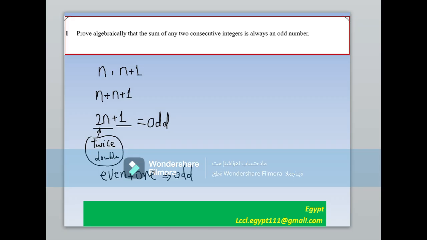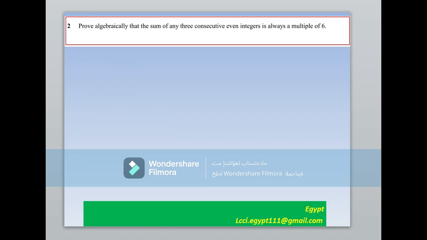Let's see another one. Prove algebraically that the sum of any three consecutive even numbers. What about consecutive even numbers? Look, the first even number you should say 2n.